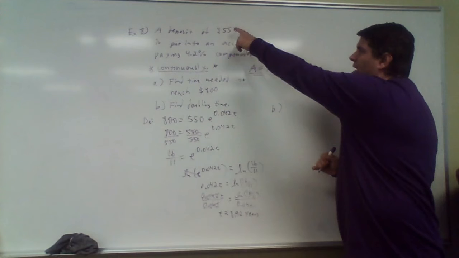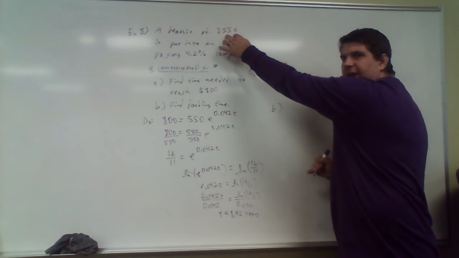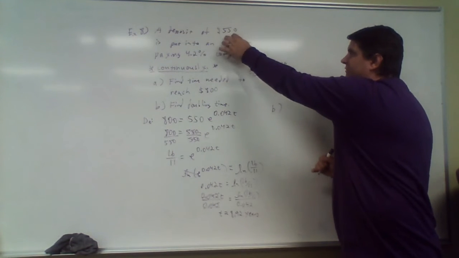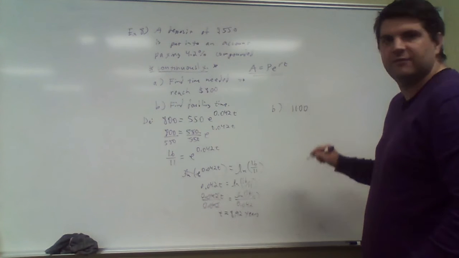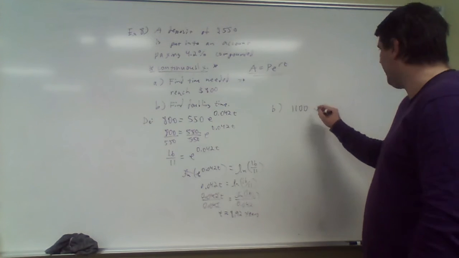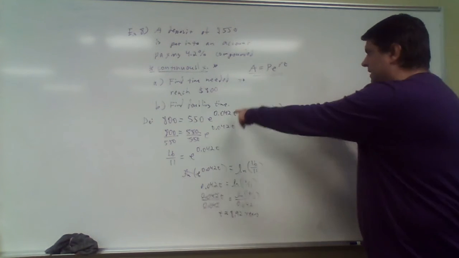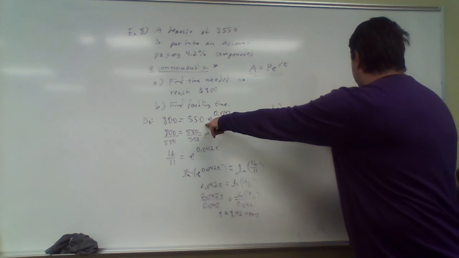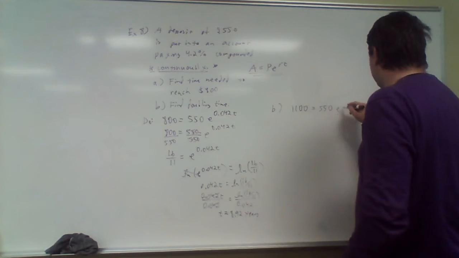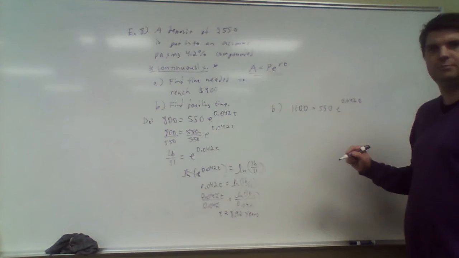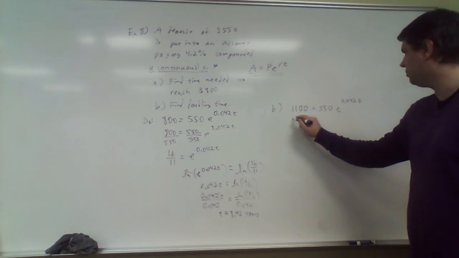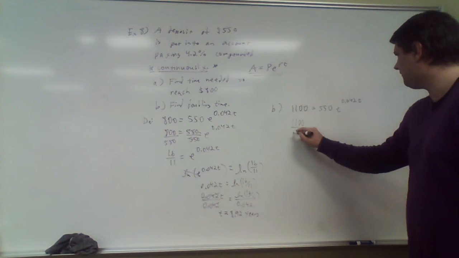So here we're going to double the balance of 550. We start with 550. We want to know how long it's going to take for it to double to 1100. The initial balance was still 550, times E to the 0.042t power. Then we will divide both sides by the 550.